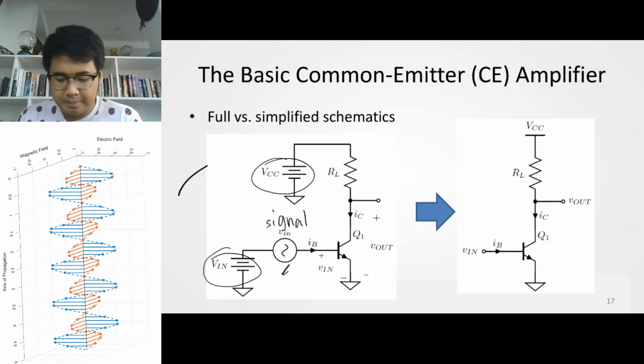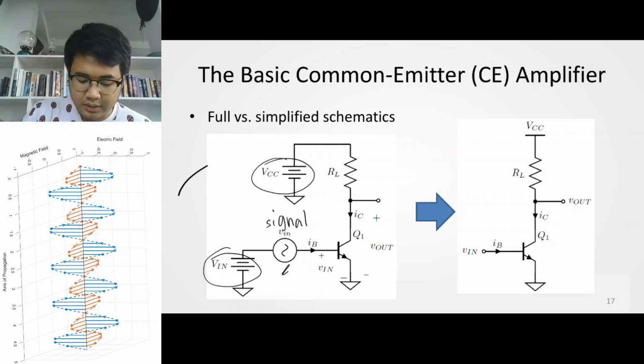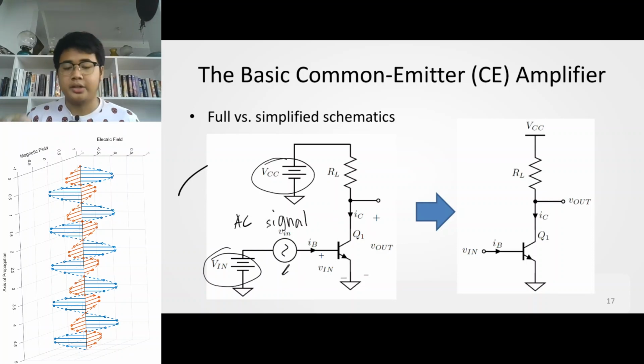Basically, the signal is generally an AC signal, an alternating current signal, the analysis of which you will learn more about in part 3 of Triple E 123.